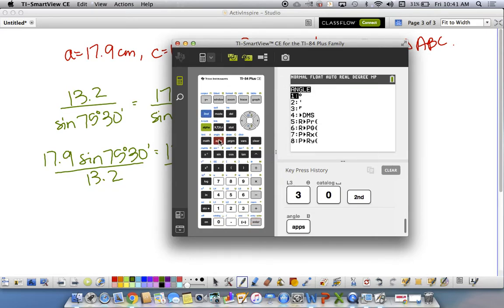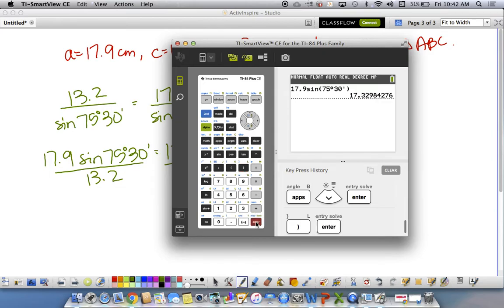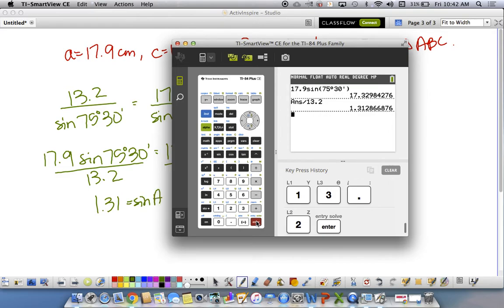Could I have converted that? I know it's 75.5. Divided by 13.2, I get 1.31 equals sine A. I should know right now that this isn't going to work, but I'm going to try it just in case. And I should be in degree mode, remember that.